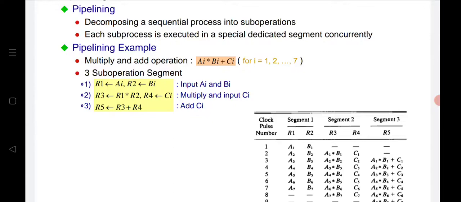The second sub-operation is that R3 is loaded with R1 times R2, that is, we are performing Ai times Bi, and at the same time I am moving my Ci value into R4. Later on, R5 is equal to R3 plus R4, and we are going to perform that. So in any of these sub-operations we are not overlapping or corrupting our data.